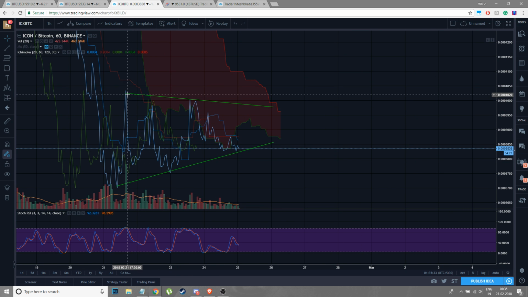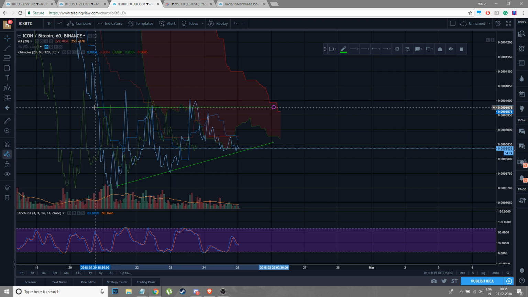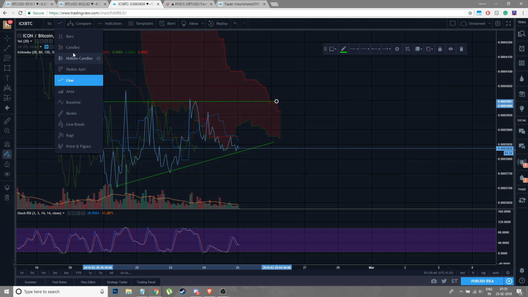This could be a descending or rather an ascending triangle, right?